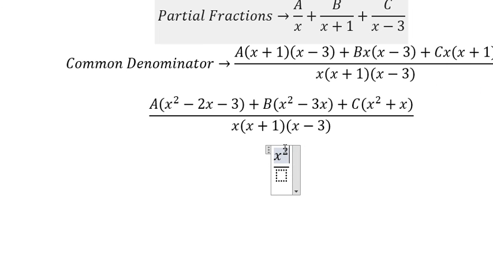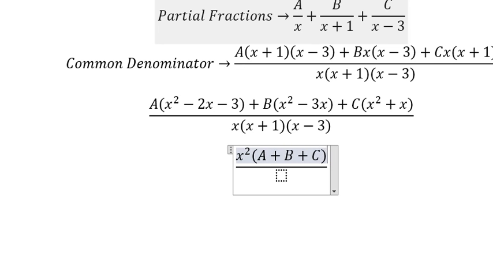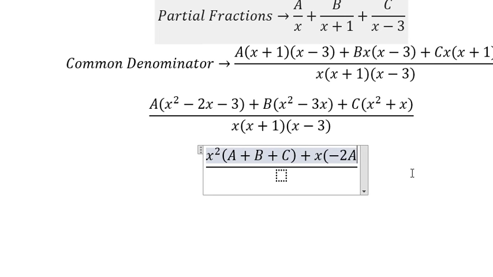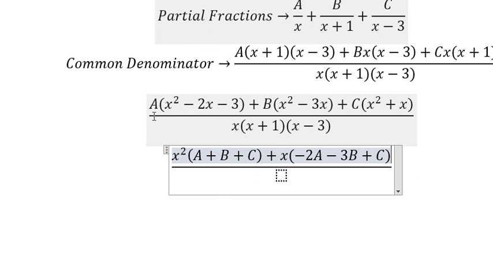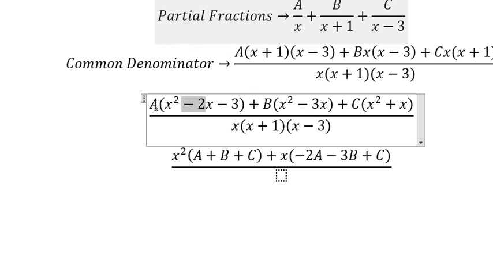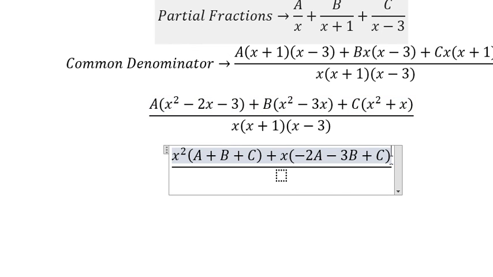About s squared, we have A, B, C. About s, we have negative 2A, negative 3B, and positive C, because negative number 2 multiplied by A, negative number 3 multiplied by B, and number 1 with C. That's why we have this one. And the last one we have negative 3A.